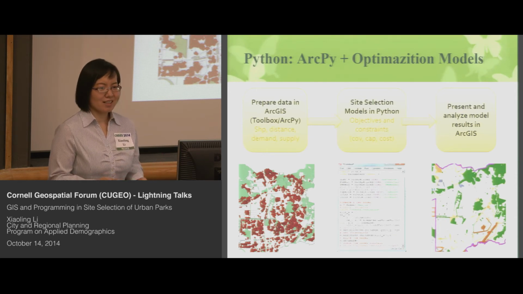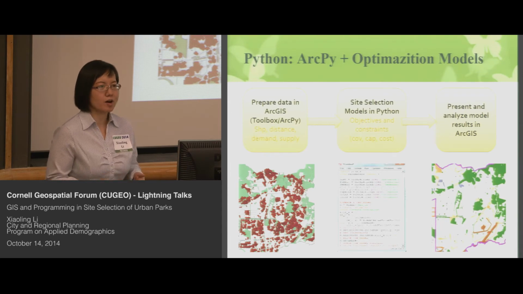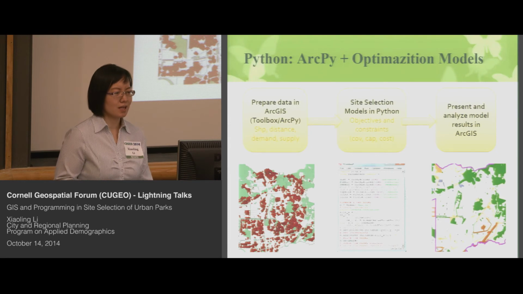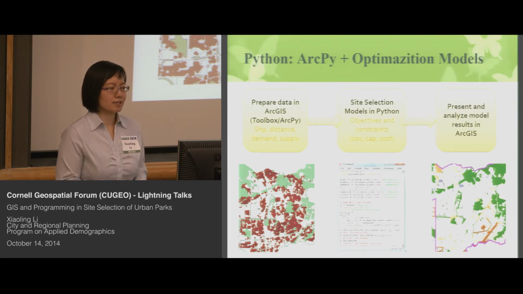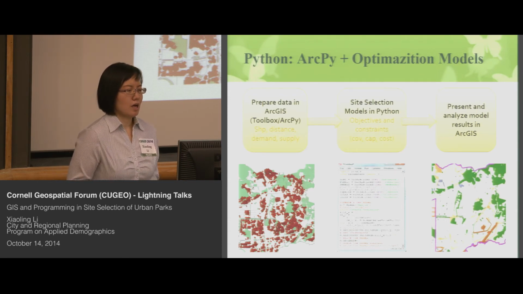These parks not only include the existing parks, but also some potential parks taken from the current city plans. And then I import this data to the site selection models I built in Python, and a set of objectives and constraints have been set up.